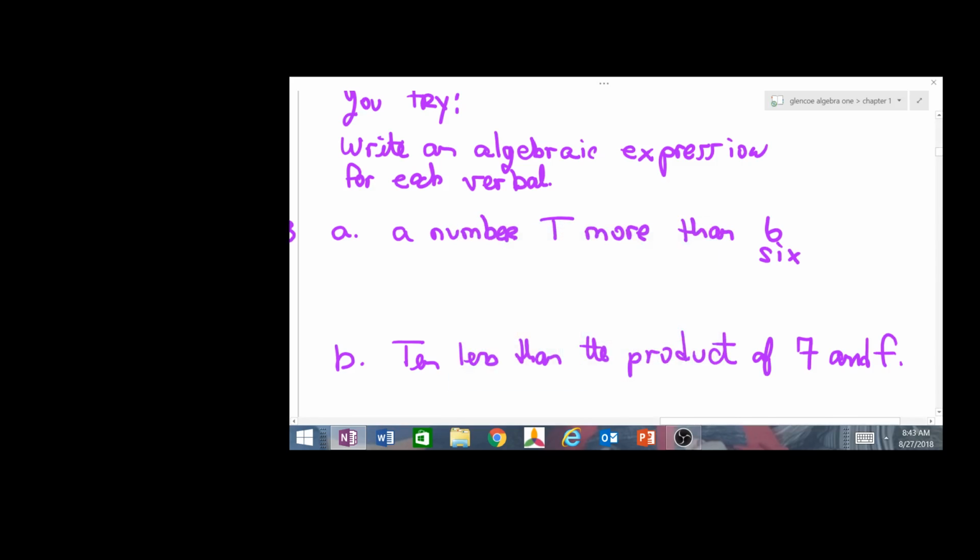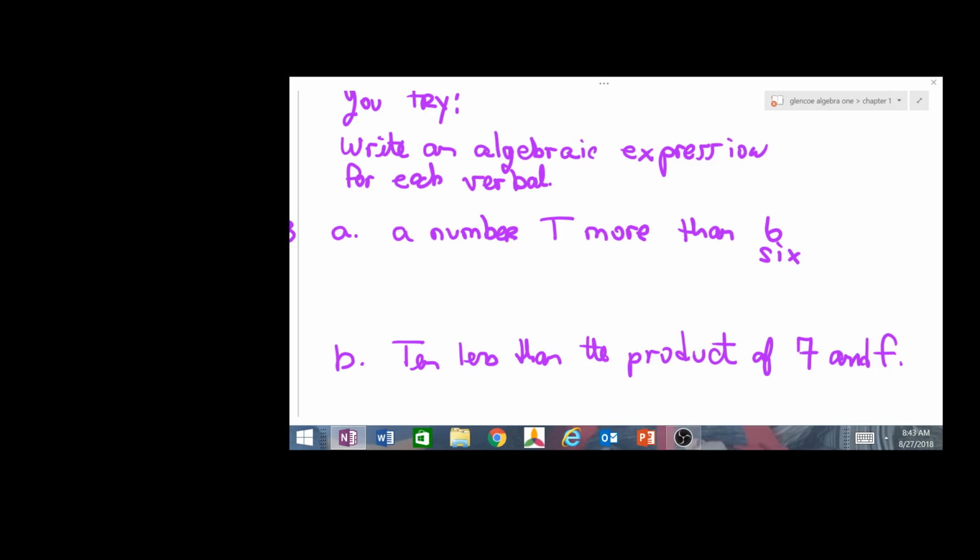B is 10 less than the product of 7 and F. So we're going to take 10 away from, that doesn't mean a less than sign, it means a subtraction sign. So when you have A, raise your hand, and we'll take a look.